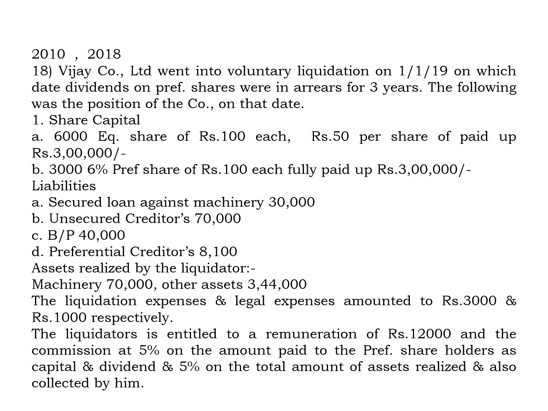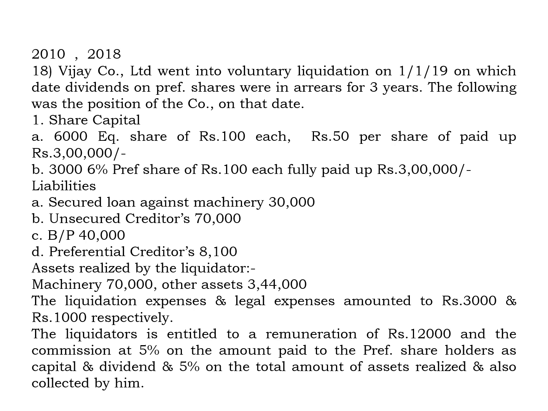Vijay Company Limited went into voluntary liquidation on 1/1/19, on which date dividends on preference shares were in arrears for 3 years. The following was the position of the company on that date. We have equity share capital under two classes: 6,000 equity shares of rupees 100 each, 50 rupees per share paid up, rupees 3 lakh; 3,000 6% preference shares of rupees 100 each fully paid up, 3 lakh.